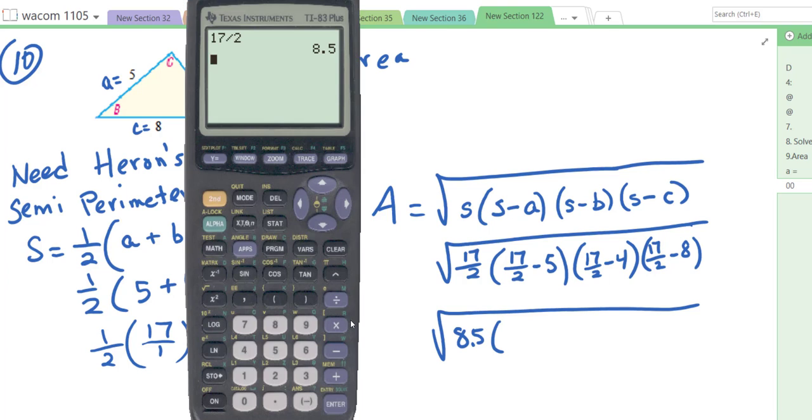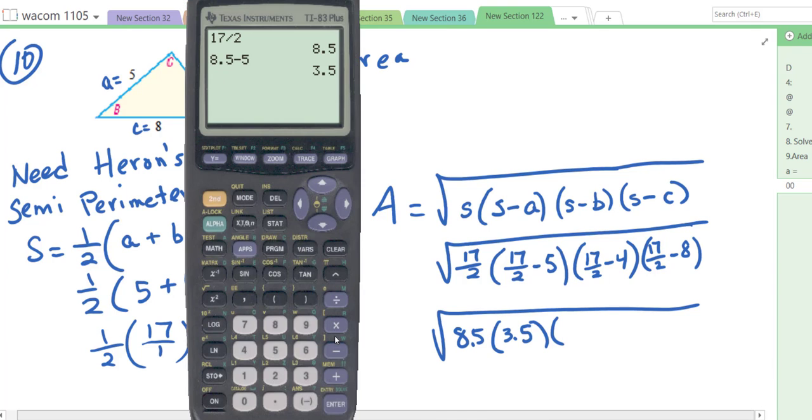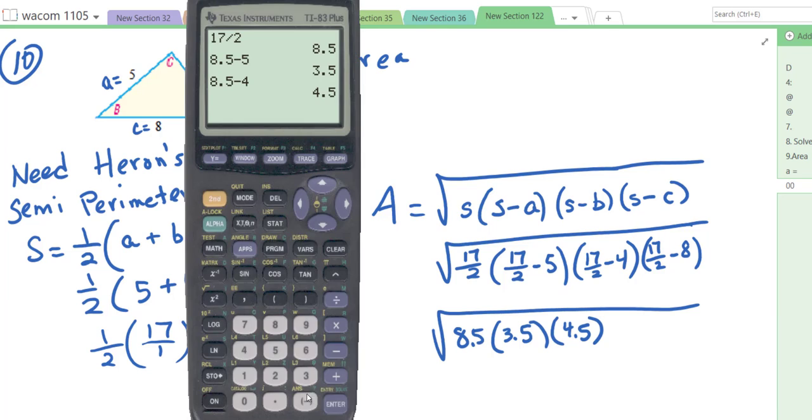Alright, so 8.5 minus 5. So this is 3.5. And 8.5 minus 4, 4.5. 8.5 minus 8, 0.5.